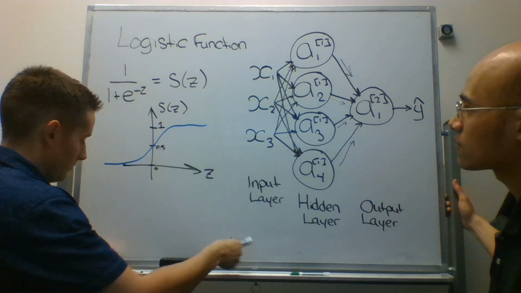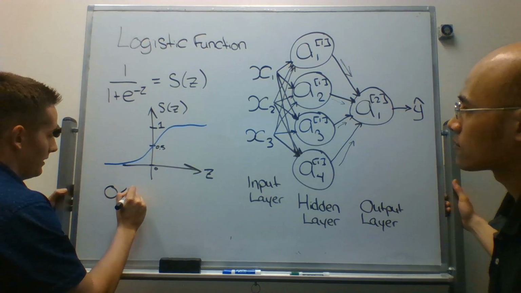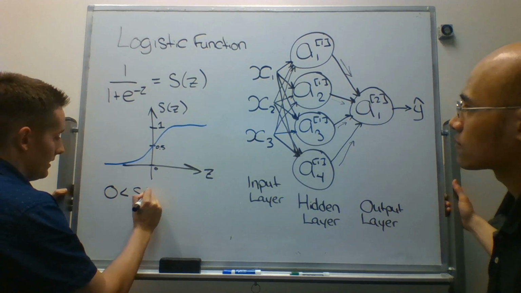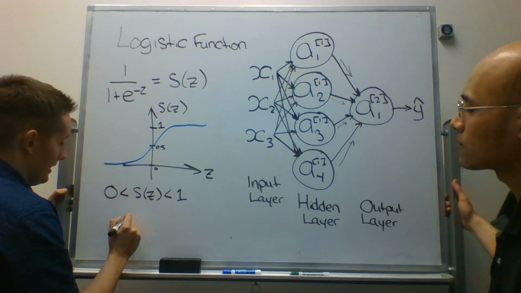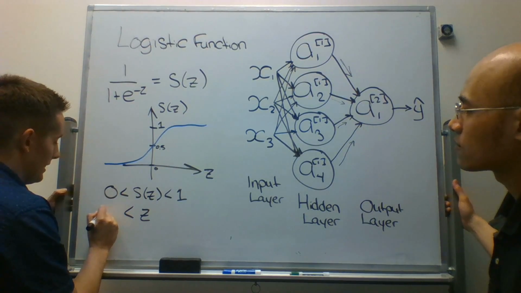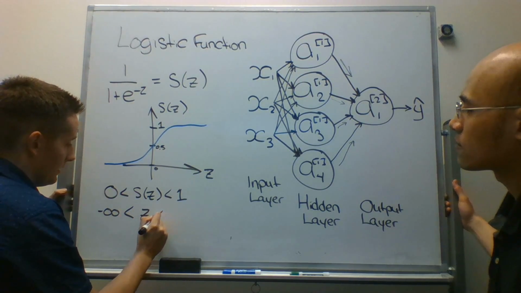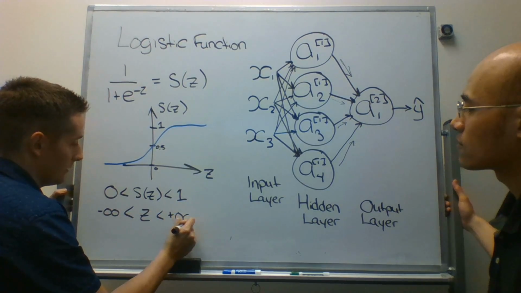One more thing to write here is 0 is less than s of z is less than 1, where z is greater than negative infinity and less than positive infinity.